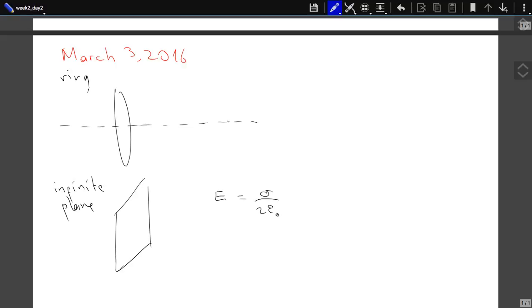Now, the trick is, all the time, if you have such an extended object, we just divide it into very small point-like objects, or into objects whose electric field we know. Like in the example of an infinite plane, we divided it into concentric circular rings whose electric field we had already calculated. In the case of the ring, we divided it into very small segments which behave like a point charge, so we can use Coulomb's law directly to evaluate the contribution to the electric field from each of those segments.